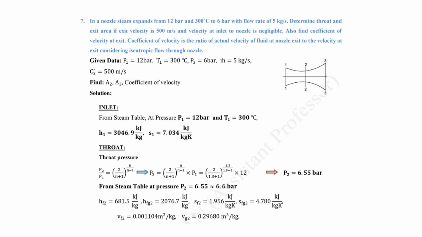From the steam table, using the pressure at entrance of 12 bar and the temperature at entrance of 300 degrees Celsius, we can obtain the values of H1 and S1. The throat pressure is calculated from the equation P2 by P1 is equal to (2 divided by n plus 1) power n divided by n minus 1.